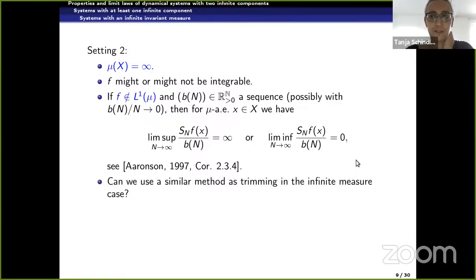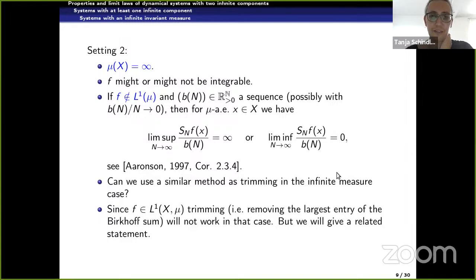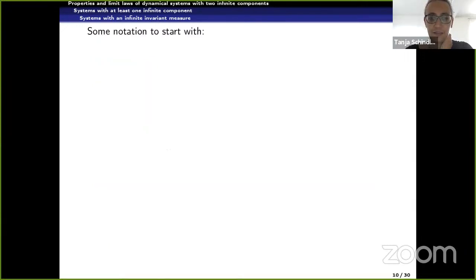And now the question is, okay, we have seen before this trimming method. Can we get a strong law in this case also under trimming? Because, well, we had here the same situation, but well, trimming L1, for instance, means we could have observables with just bounded, and so just removing the largest entry would not really change much in our sum, but we get a related statement.